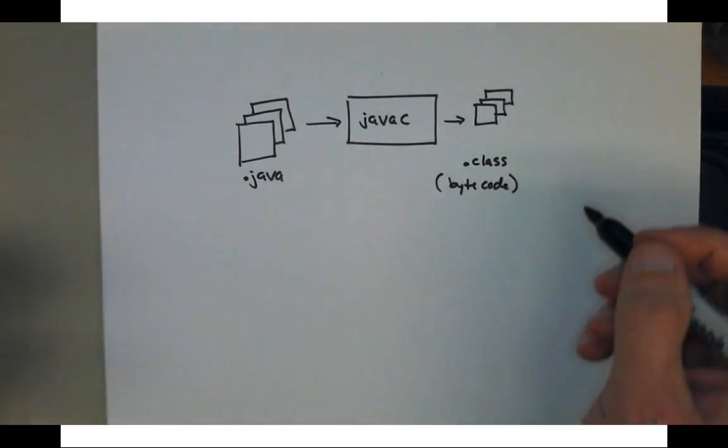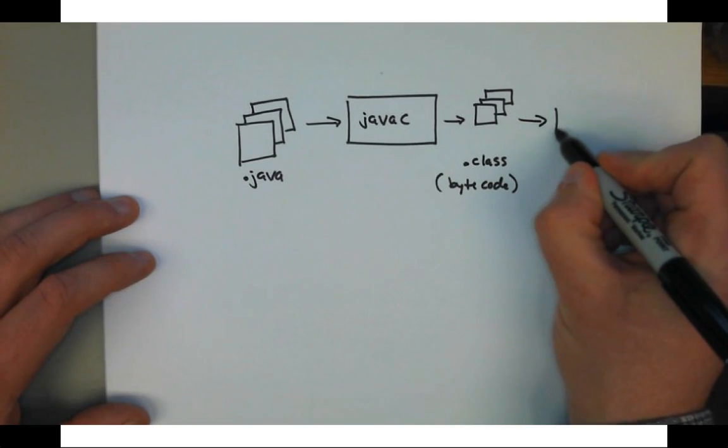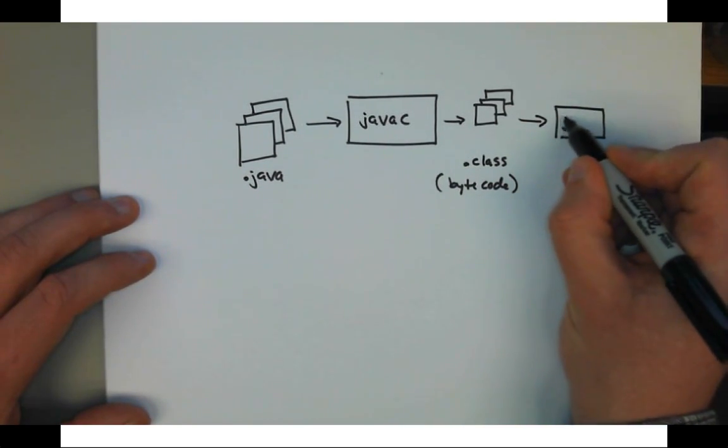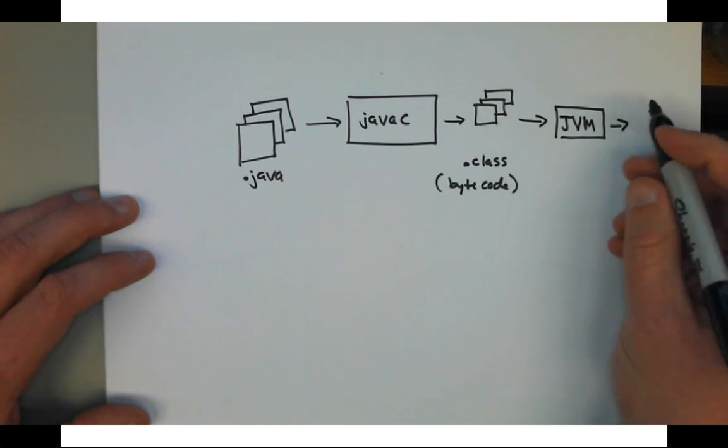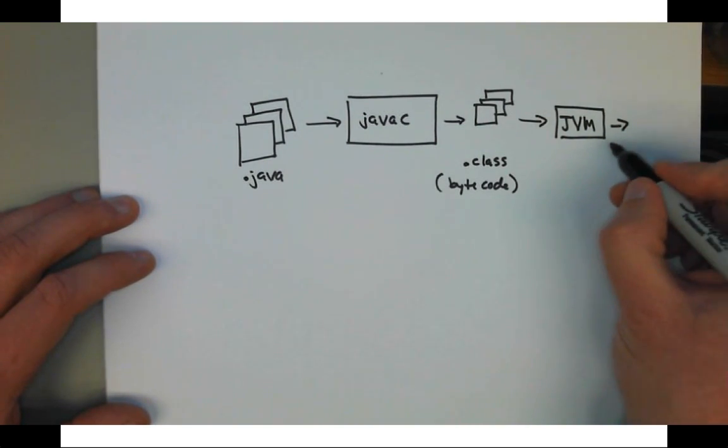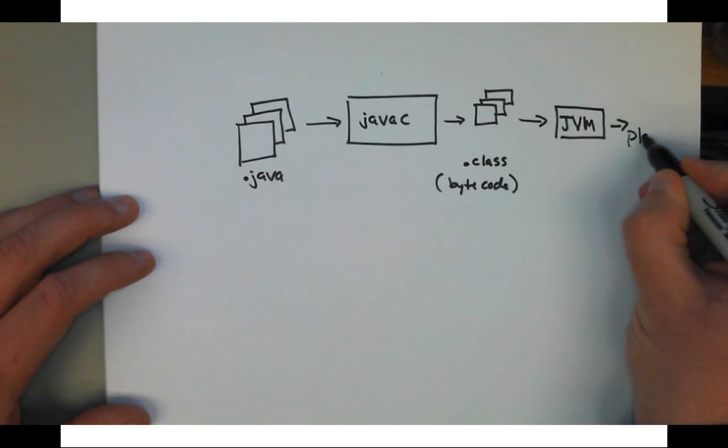Now the bytecode gets fed into this thing called the JVM. And the JVM then interprets this bytecode into platform-specific instructions.